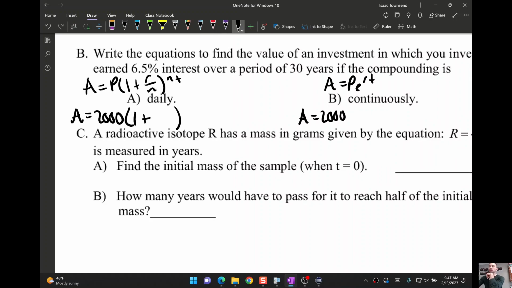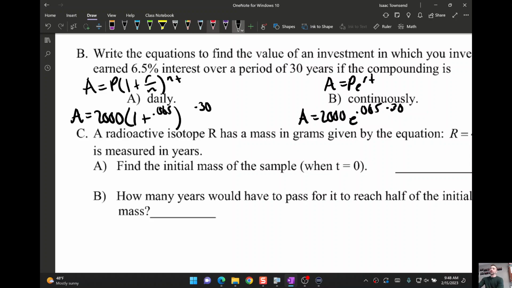Both of these ask you to put in the rate, but it needs to be put in as a decimal, so don't put 6.5 in place of R, put 0.065. Both of these require you to put in the number of years for T, 30 years, 30 years.